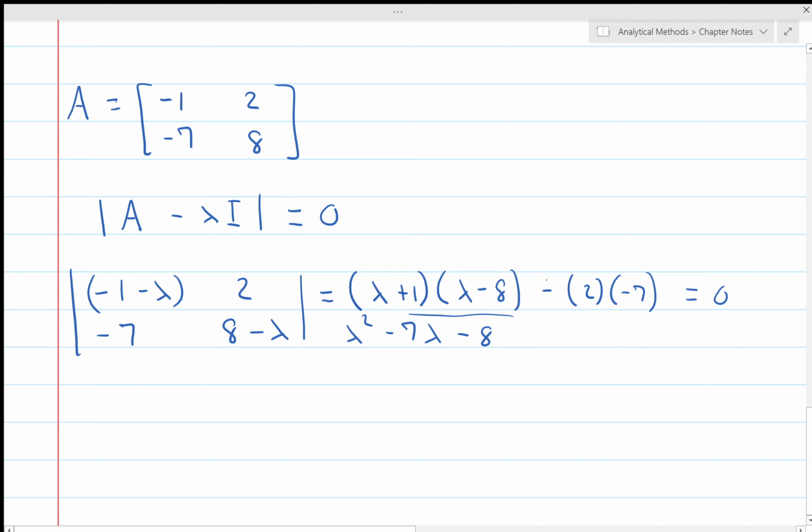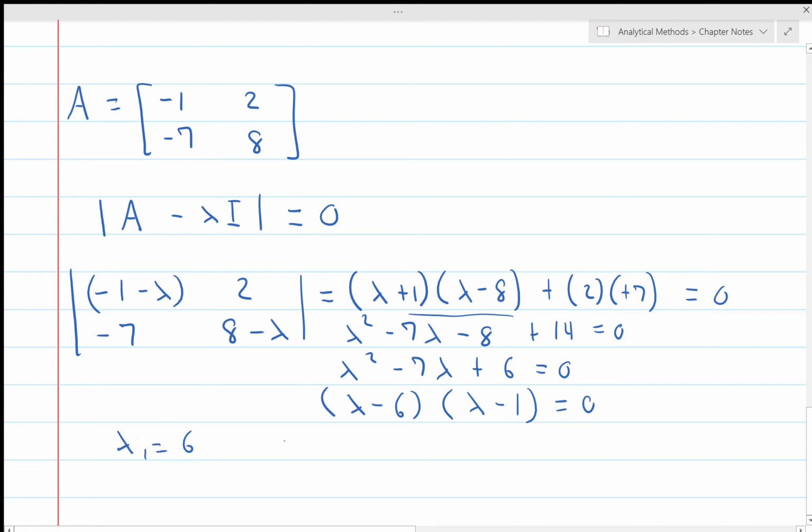And then this turns into a plus 14 equals 0. Simplifying, lambda squared minus 7 lambda plus 6 equals 0. Lambda minus 6, lambda minus 1 equals 0. So I'm going to start off with lambda 1 equals 6, lambda 2 equals 1.